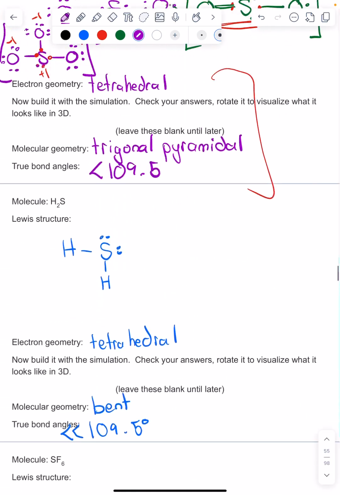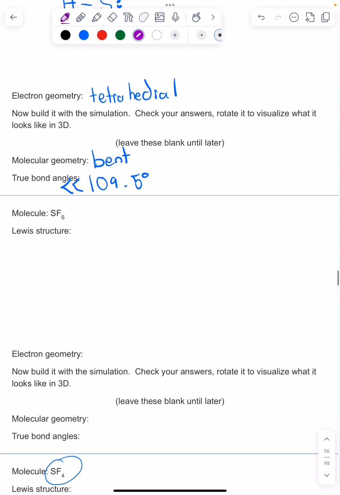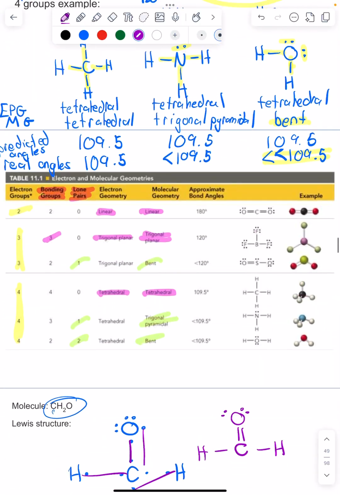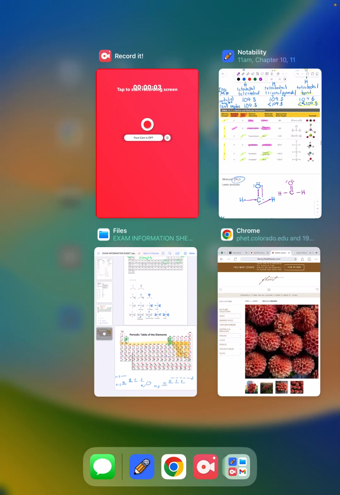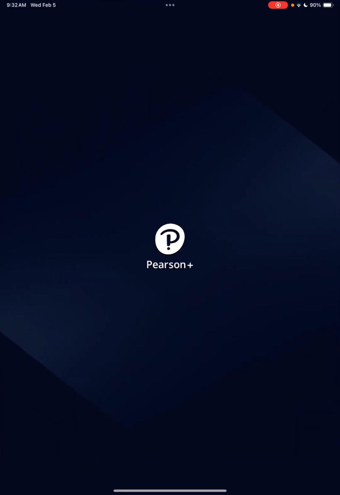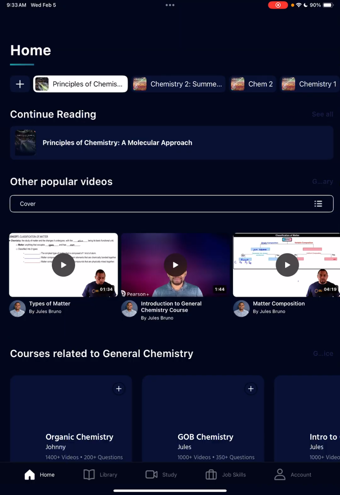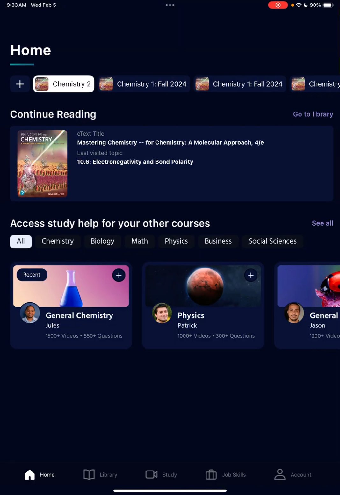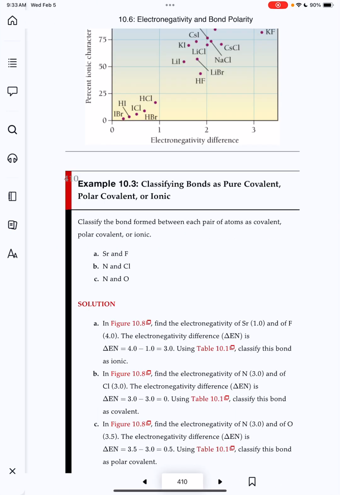Okay, this is where I should have pulled this up while I had my video changing. We're going to go ahead and pull up table 11.1. This always is kind of slow for me. All right, a little better than normal.